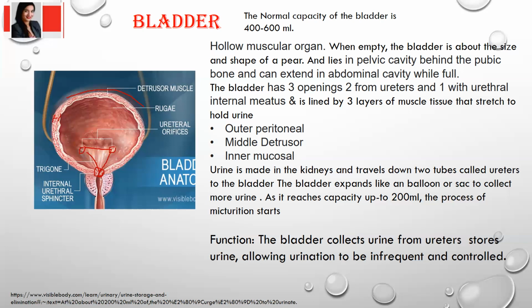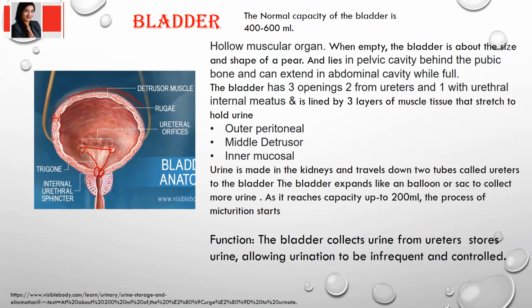limit. Once the bladder stretches out completely and there's no space to stretch more than that, it's going to send a signal to the brain that we need to void. We don't have any room to collect the urine further. So this is the second signal the brain is going to send.